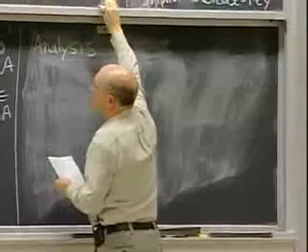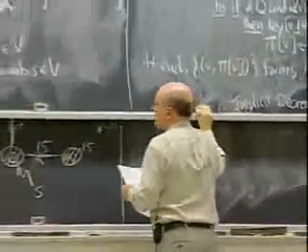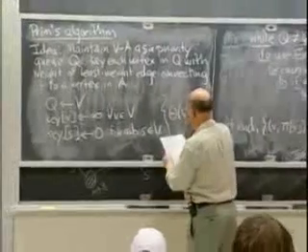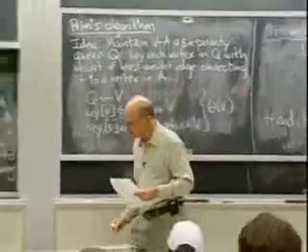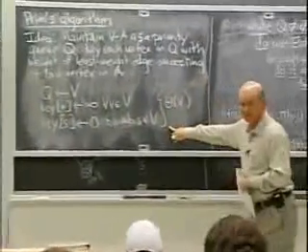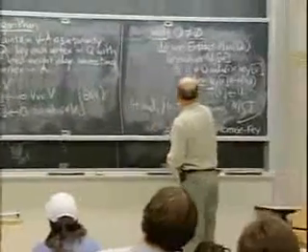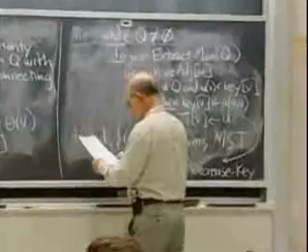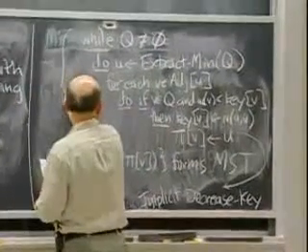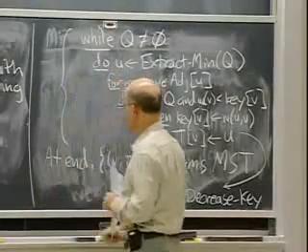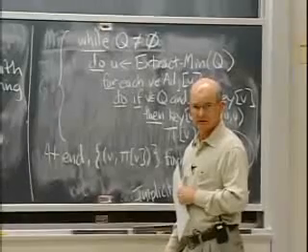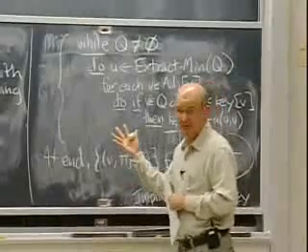So let's see. This part here costs me order V. Then this part, let's see what we're doing here. We're going to go through this loop how many times? V times.